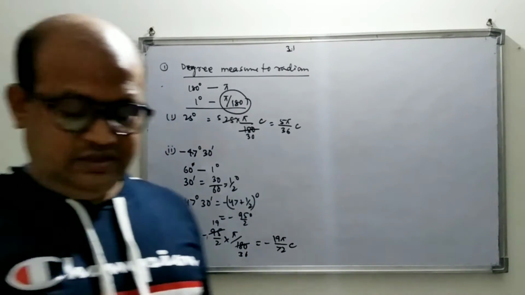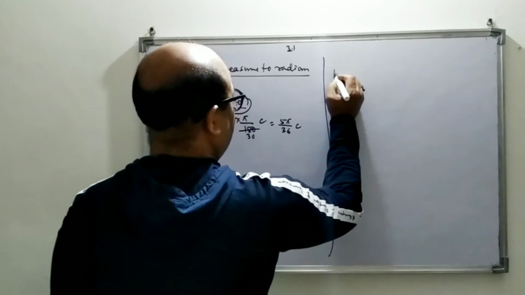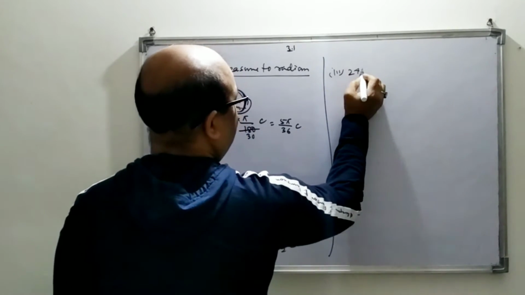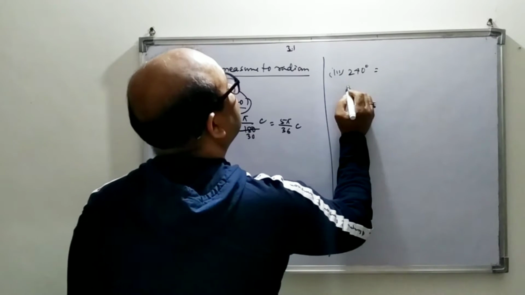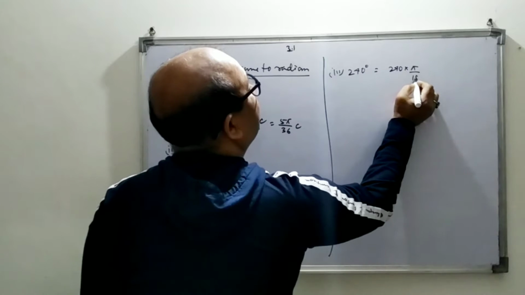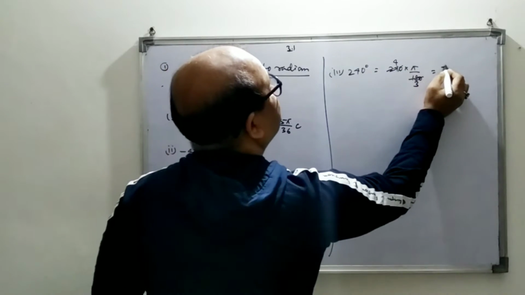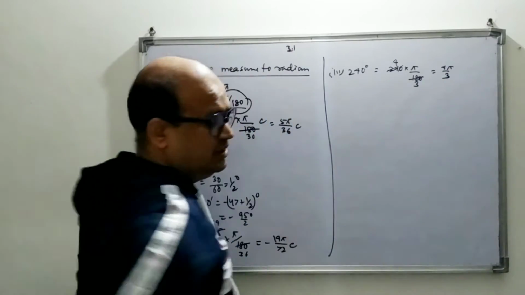Next one is 240 degree. 240 degree equal to 240 into pi by 180. That gives you 4 pi by 3.